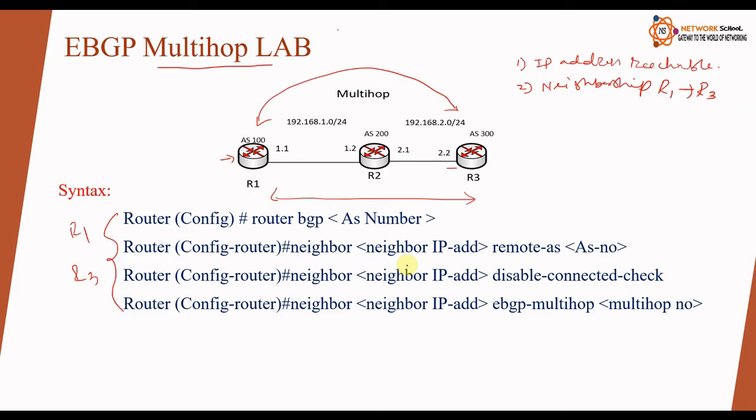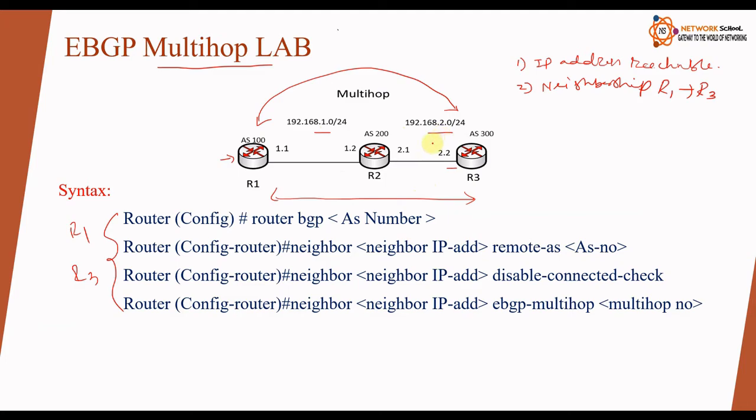As I explained in my previous slide, by default when we are configuring an eBGP neighborship, Cisco IOS presumes that it is directly connected. It means they should belong to the same subnet. But in this diagram, since we are making the neighborship between router 1 and router 3, they are definitely not directly connected, so they are not from the same subnet. One is from 1.0 and the other is from 2.0.